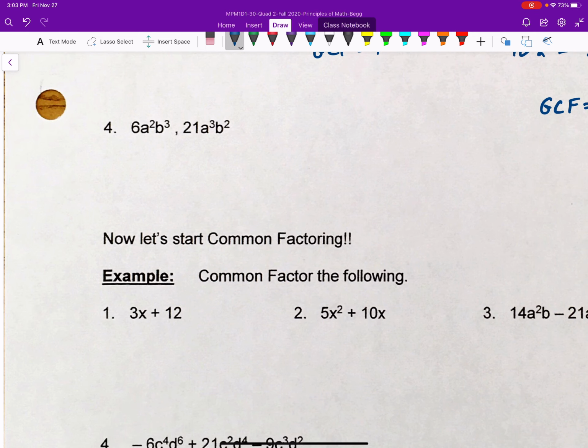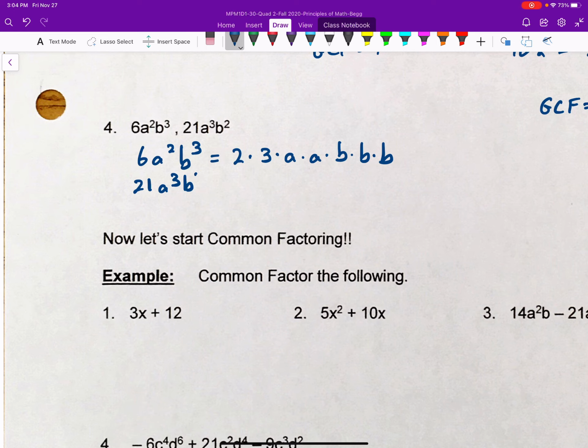Oh, there's one more, sorry. Let's see. So 6a squared b cubed could be broken down as 2 times 3 times a times a, that's my a squared, times b times b times b. b cubed means 3 b's. 21a cubed b squared could be broken down as 7 times 3 times a times a times a times b times b.